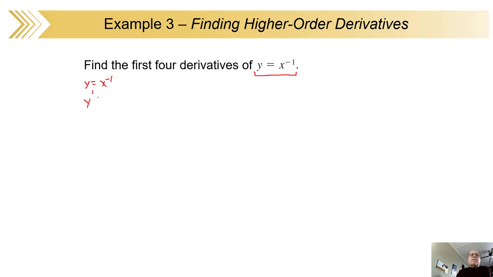First derivative. Bring that negative 1 out front. Don't need the 1 sticking there. Remember, we're subtracting 1, so it becomes -2. Next one, bring the -2 out front. We'll go to +2, subtract 1.